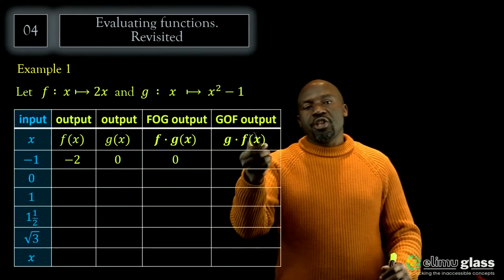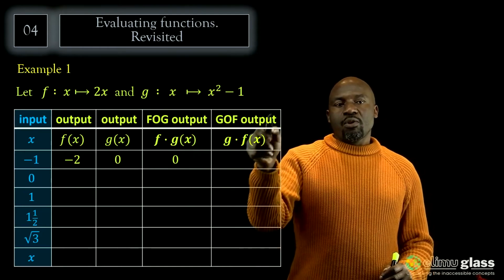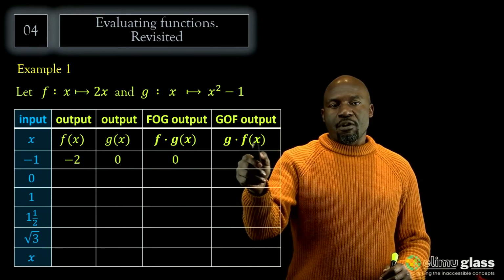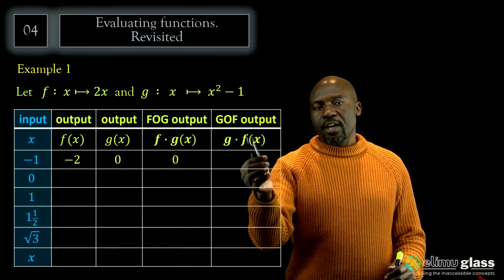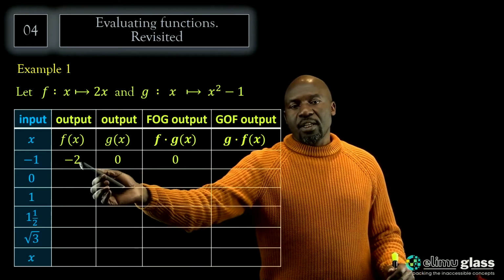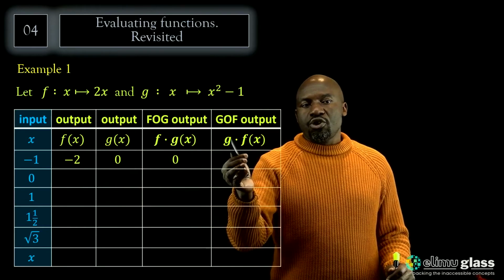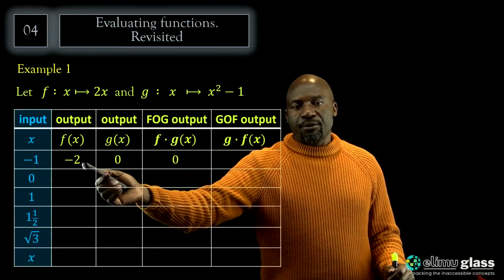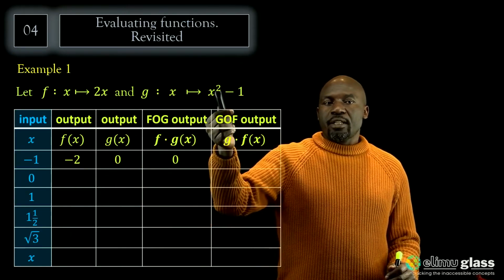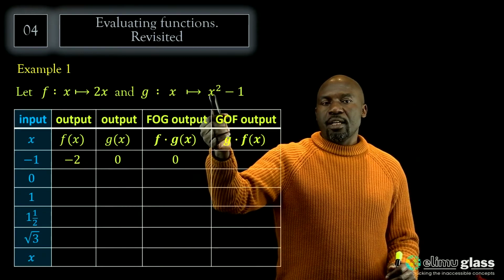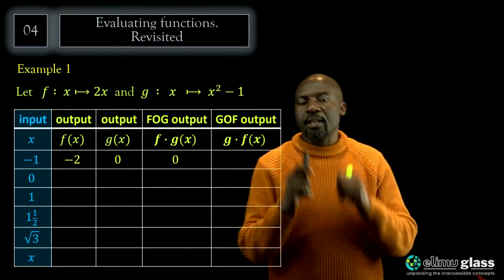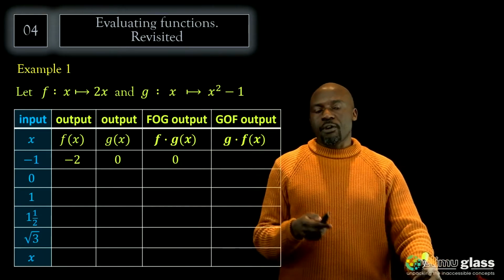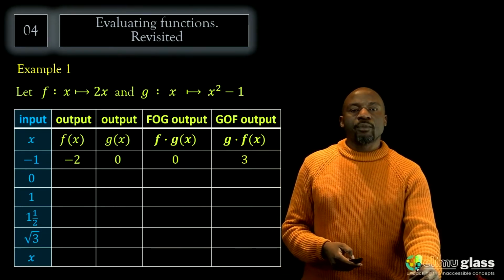And what about g of f of x? We go look for f of negative 1, which we found as negative 2. So what is g of negative 2? Negative 2 in brackets squared is positive 4. Positive 4 minus 1 should be 3.